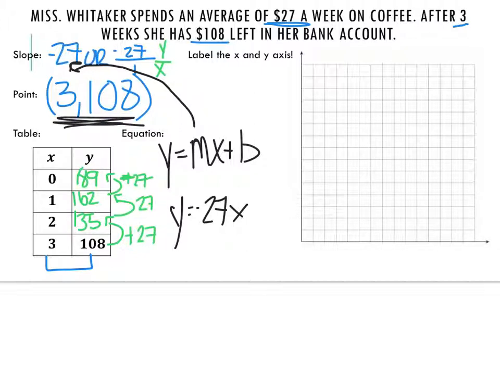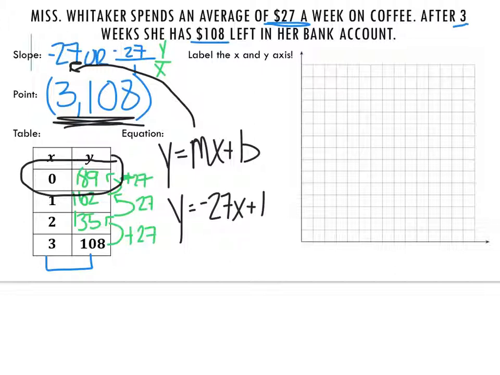I know my y-intercept is where x is 0. So my equation, I'm going to rewrite this because this looks sloppy. My equation is y is equal to negative 27x plus, what is y when x is 0? 189.